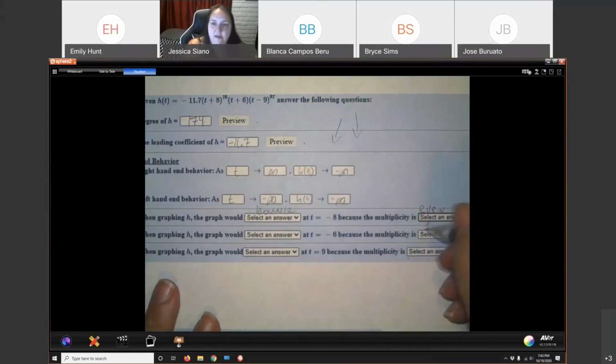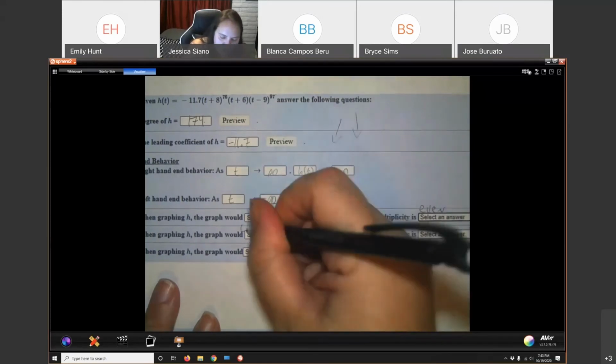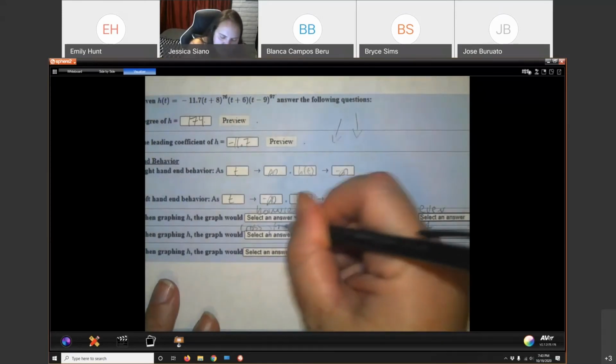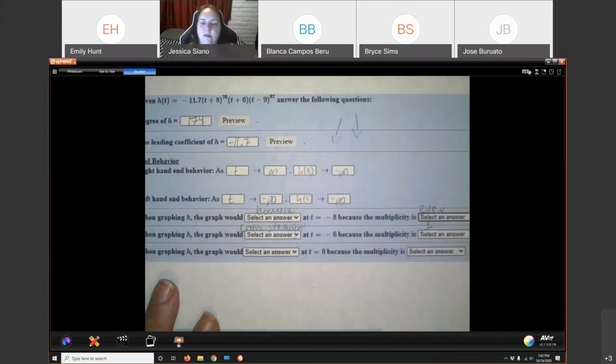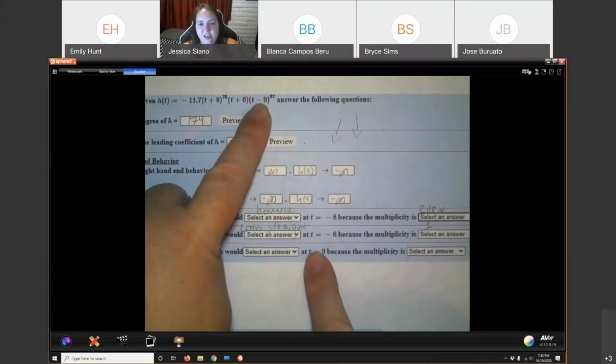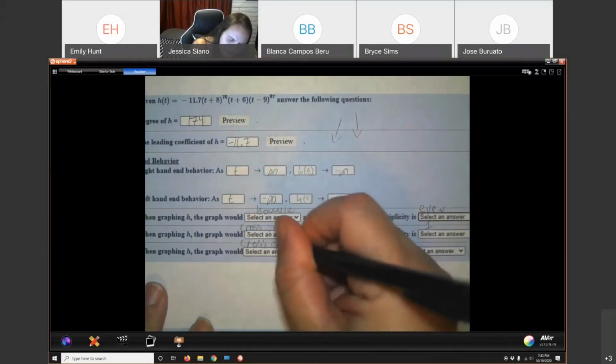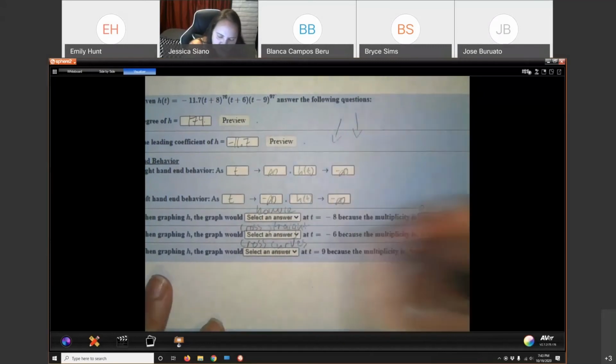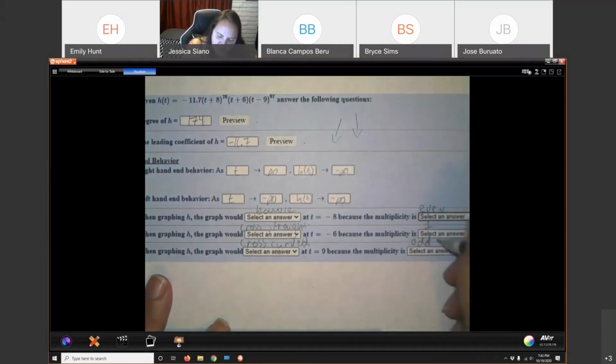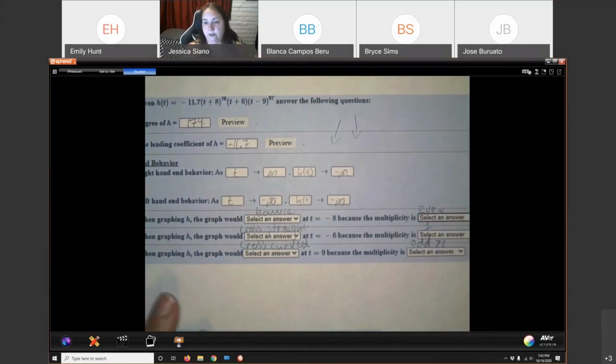So the graph will cross straight. And this factor that gave me the t equals 9 has a multiplicity of 97. So the graph will cross curved because the multiplicity is odd and greater than 1. And you'll see when you pull these boxes down that those will be your options.